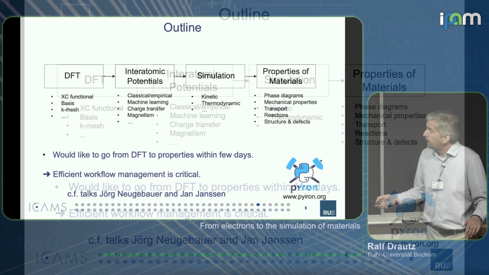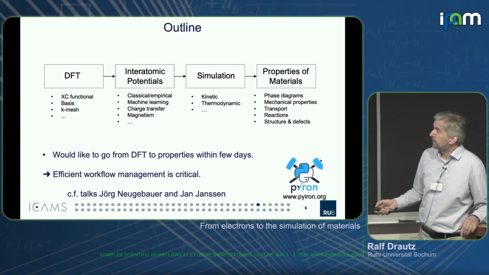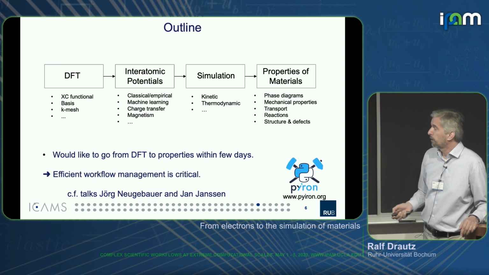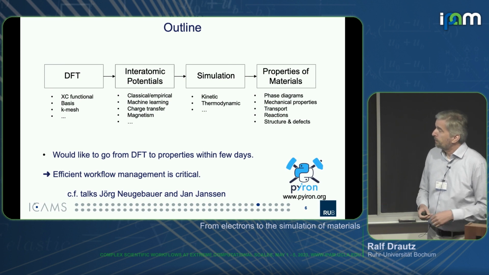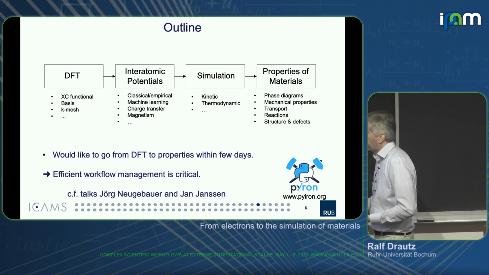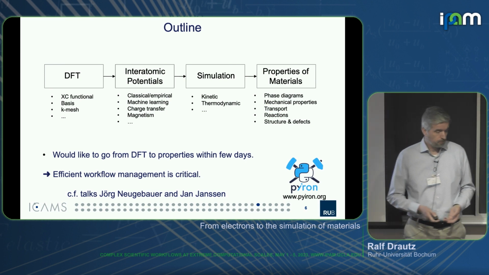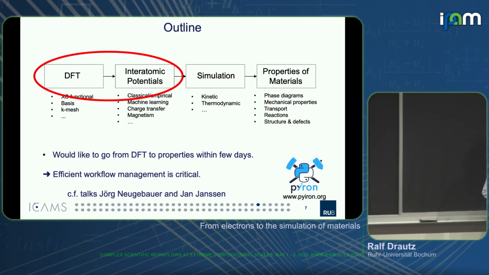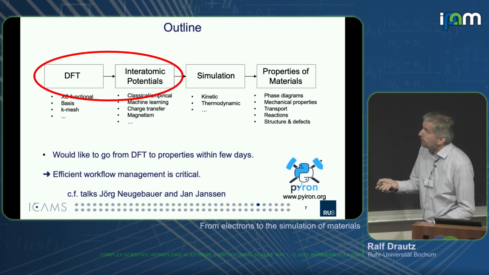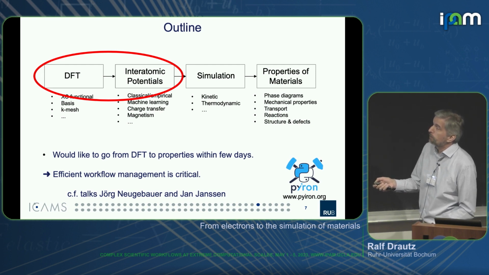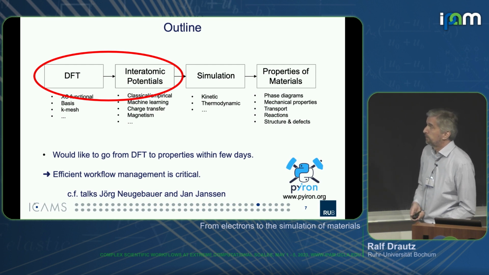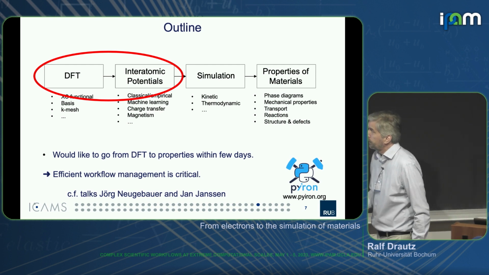As I said already, I build on the talks that Jörg Neugebauer and Jan Janssen gave on Pyiron for workflow management. And then I can focus on density functional theory to interatomic potentials. That will be the main part of this talk. And afterwards, I'll show some properties of materials.